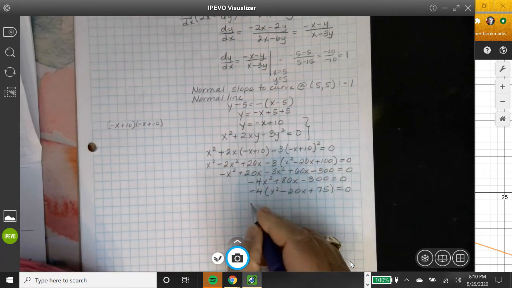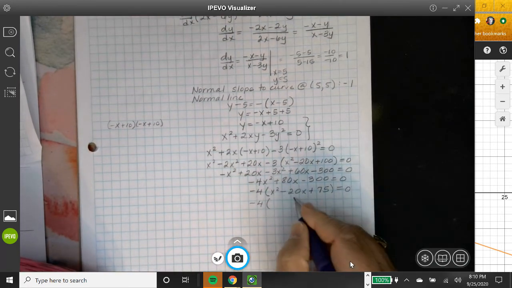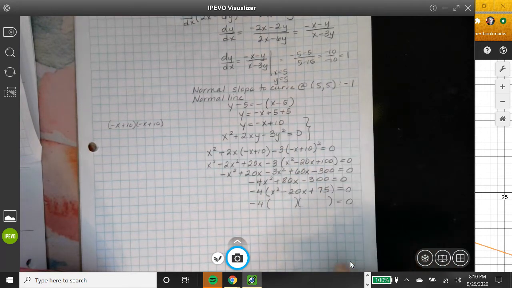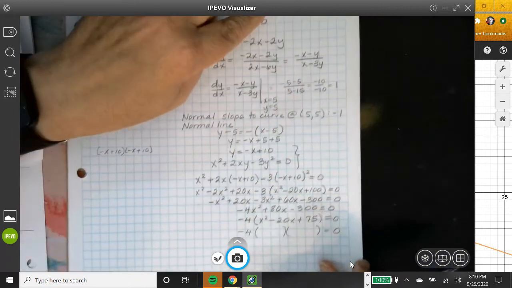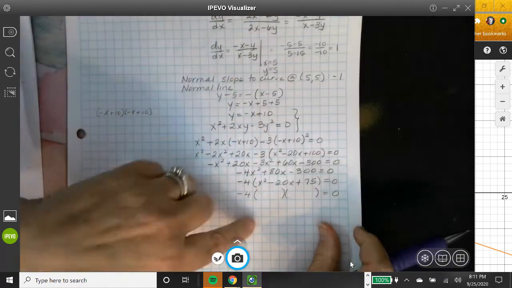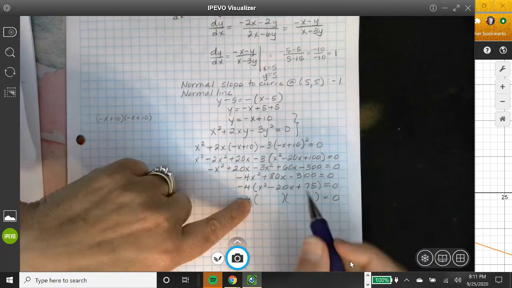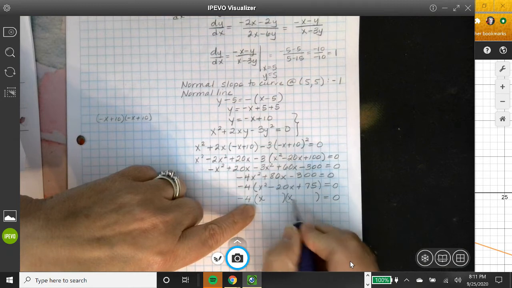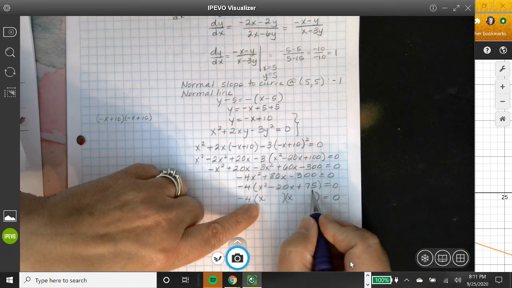Now, this factors, and I know that one of the zeros, since I know one of the places it intersects is at 5, right? So I know one of these factors has to be x minus 5. So this is going to be x, and then 5 goes into 75 15 times.